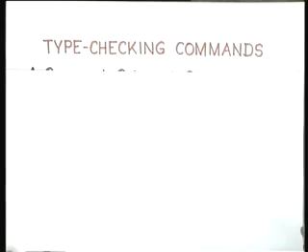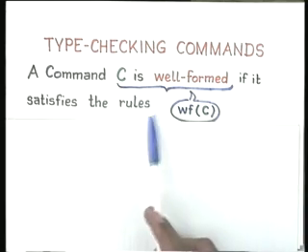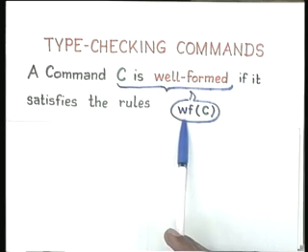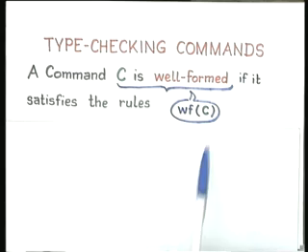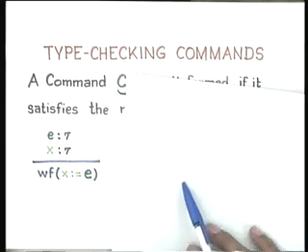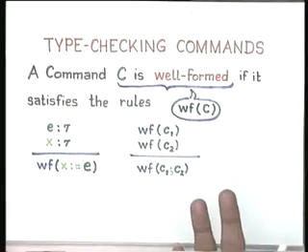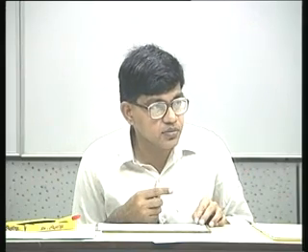And in a recursive descent fashion, we should just ensure that the commands are well formed. So, I would say that command C is well formed. I will use the predicate WFC to indicate that a command type checks if it satisfies these rules. The basic thing is that the assignment should be between things of compatible types.